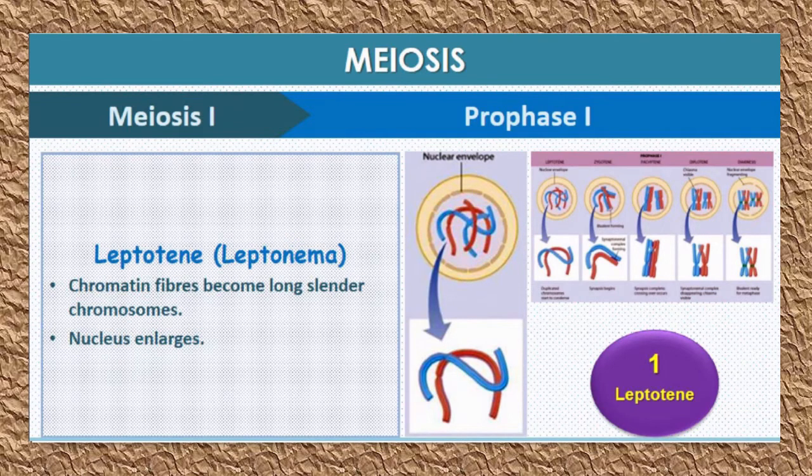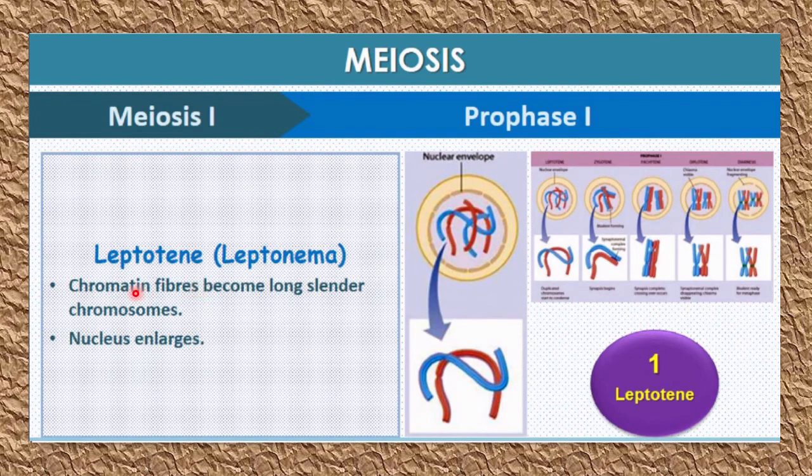So the first initial step is the leptotene stage, also called the leptonema stage. Here what we will observe is chromatin fibers become long slender chromosomes. So here you can see thread-like structures of chromosomes. The nucleus will be enlarged, and the nuclear envelope will start to break down. So what happens during this phase?